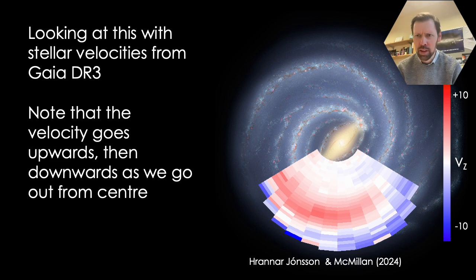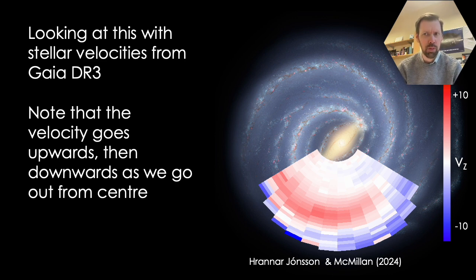But as we go further out, that stops being true, and in fact towards the outer galaxy we see that the stars are going downwards, though they seem to be going towards the higher part of the warp. That doesn't make much sense intuitively. So we have to try and understand that.